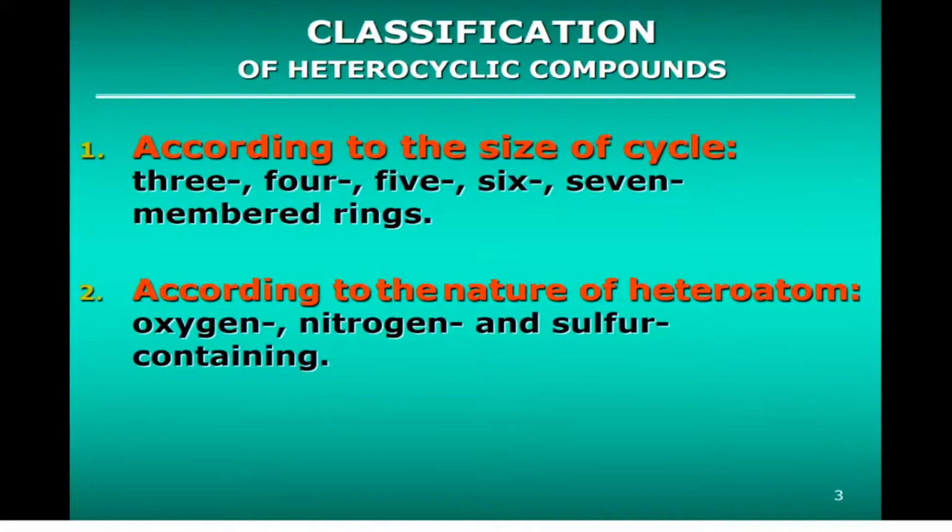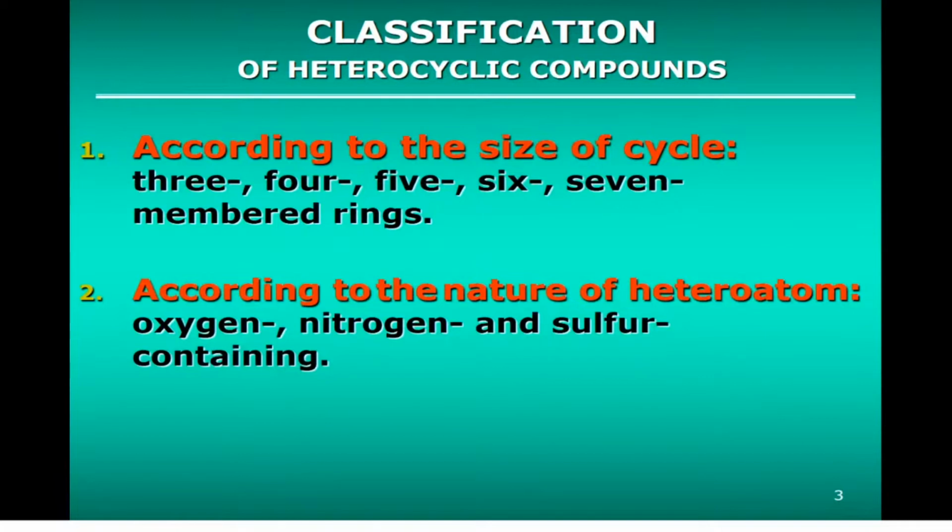First, according to the size of the cycle. The simplest are three-membered rings, but they are not often found in nature. Four-membered as well, but 5- and 6-membered rings are quite often found in nature. 7-membered rings also can be found, but not in biochemically important compounds.